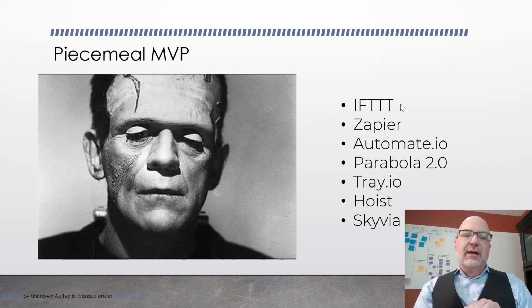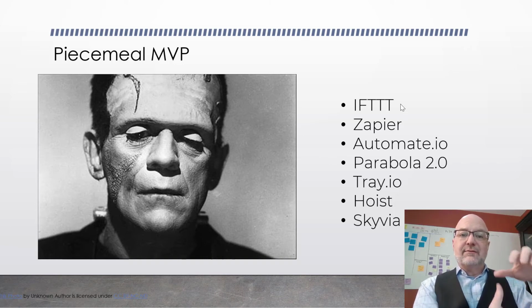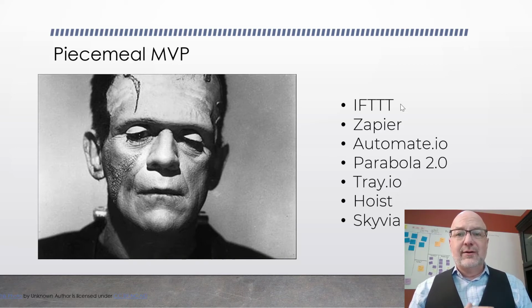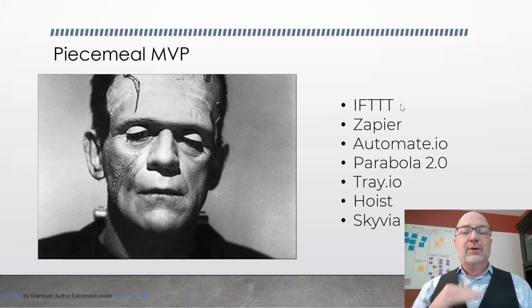You pull them together, create something new and unique, and then you market that and see if people like that and want to use it. It's not scalable. IFTTT or Zapier are not going to run your business when you're scaled to hundreds of thousands of users, but it can be used to prove your product out.